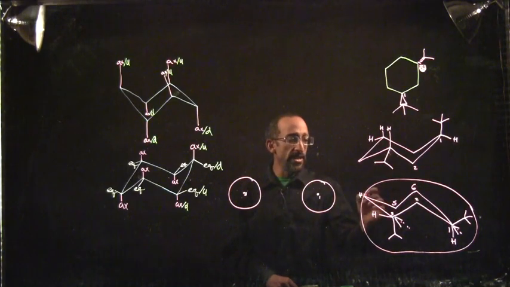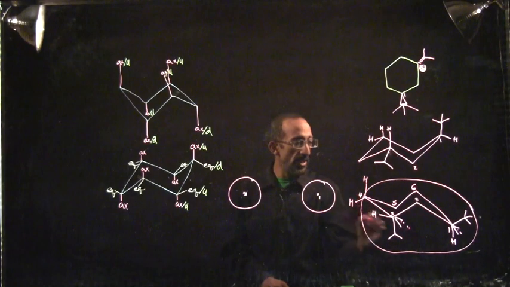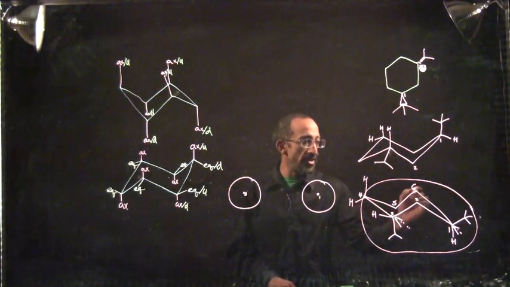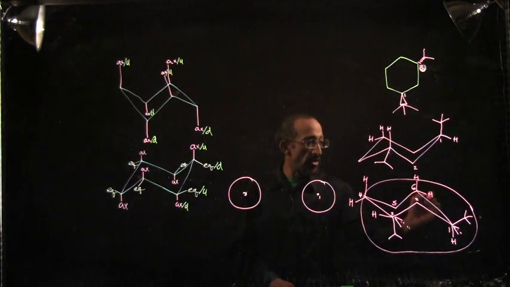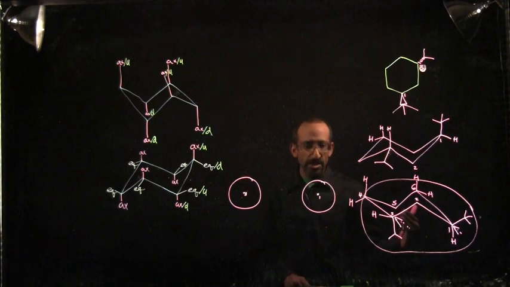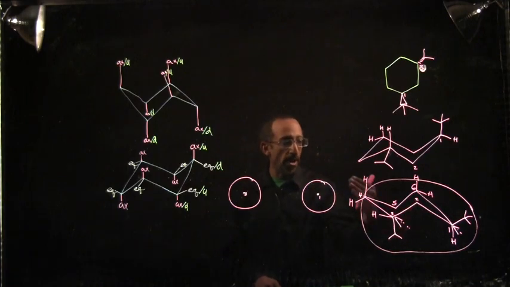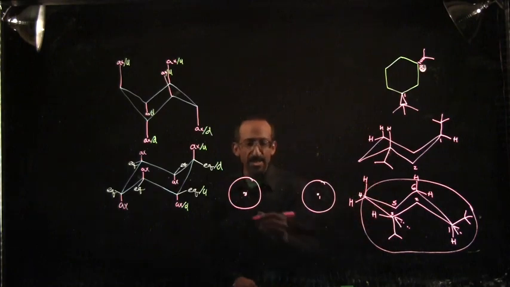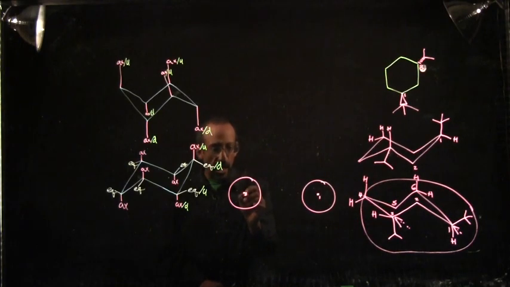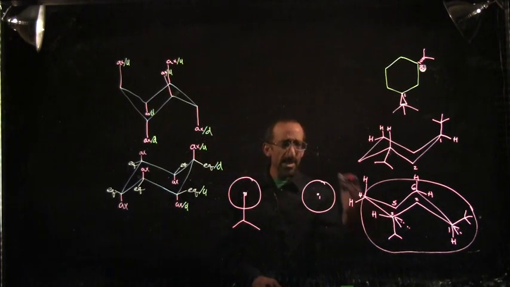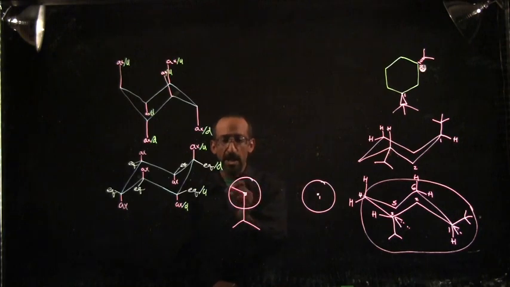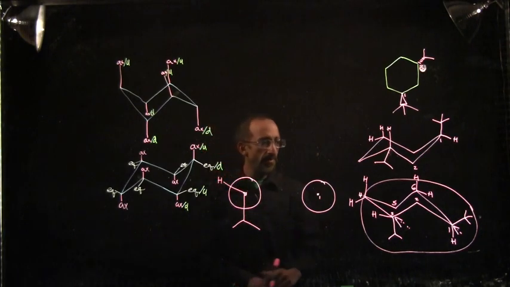Now, I'm going to fill in the rest of my hydrogen substituents. There's carbon 4's hydrogen substituents, and the hydrogen substituents on carbon 6. Now, as I look down this 3-4 bond, viewing from carbon 3 towards carbon 4, I see that on carbon 3, I have an isopropyl group going down like this, and a hydrogen atom coming up like this.